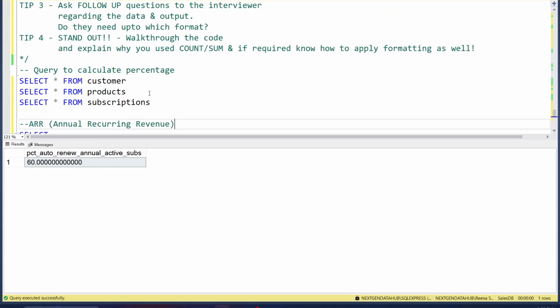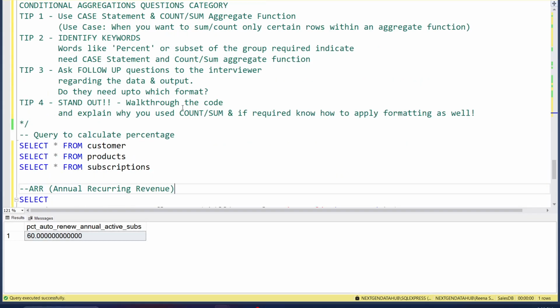So now, please ask follow-up questions regarding the data or the output, to help you stand out. I want you to be interactive in the interview. Also, walk through your code and explain why you used count.